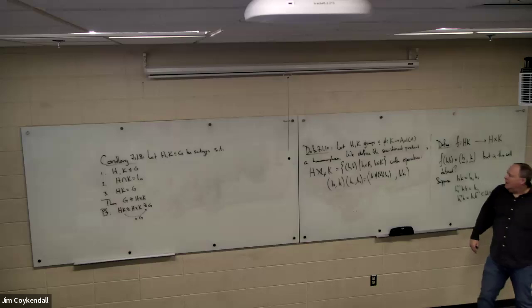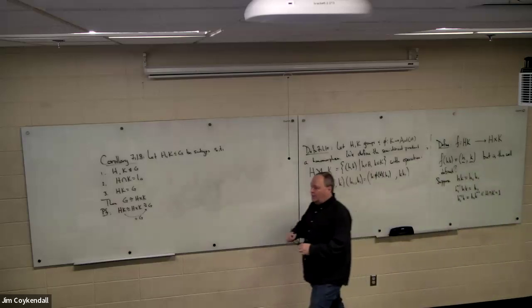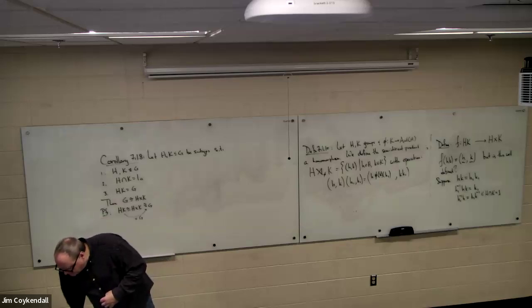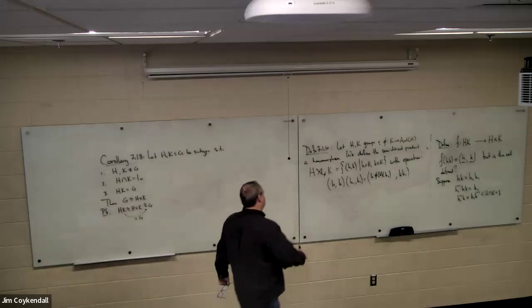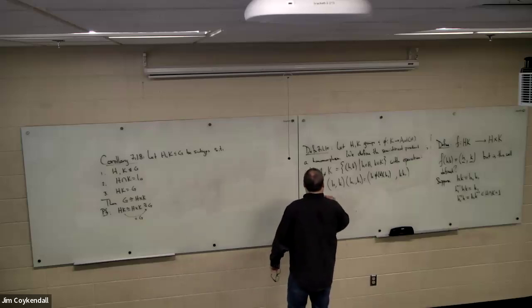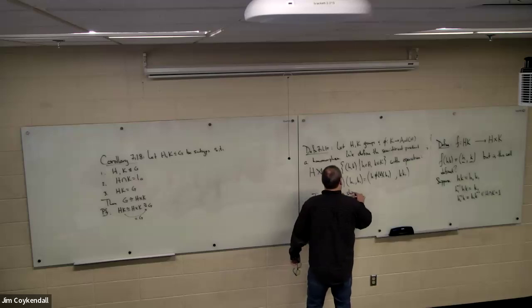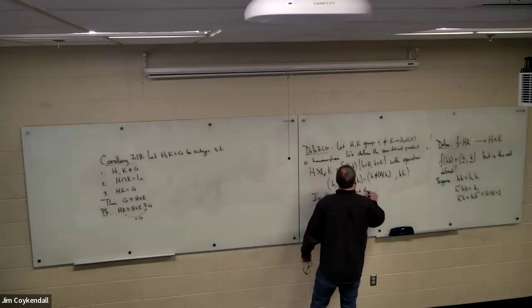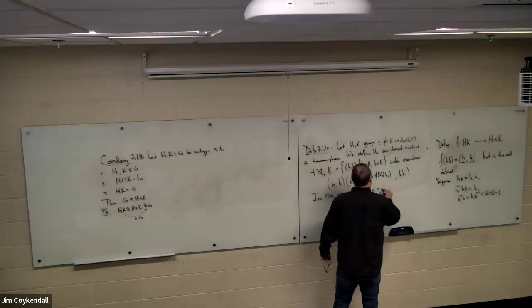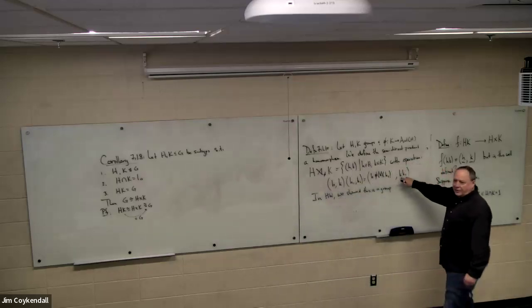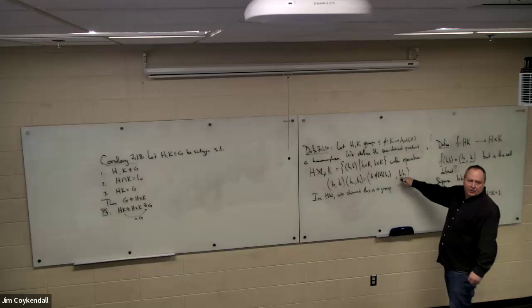Now, you actually showed in your homework that this is in fact a group. I just argued for closure, because certainly the second coordinate is in K, which is where you need it.